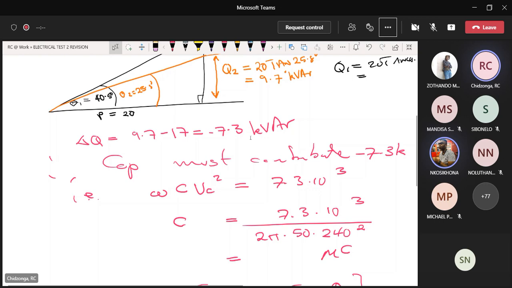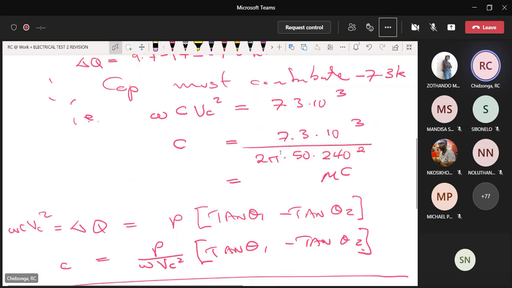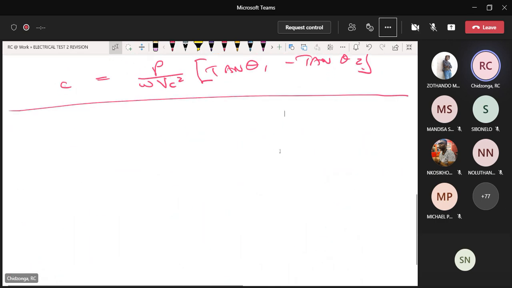This equation here tells us that the capacitive reactance should be such that it contributes minus 7.3 kilovolt ampere reactive.